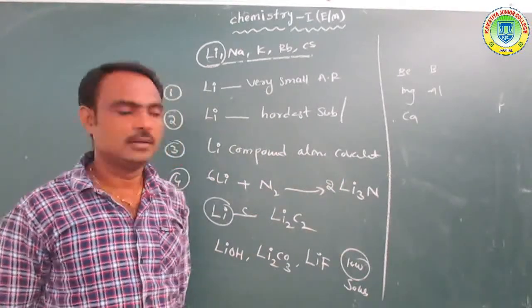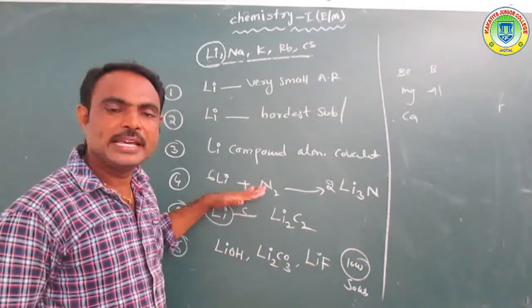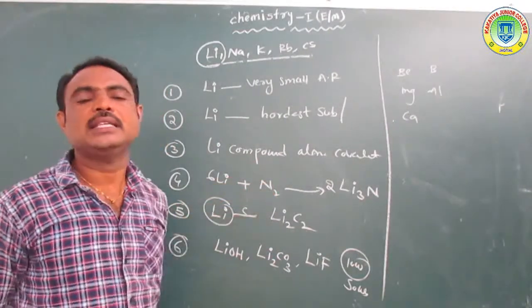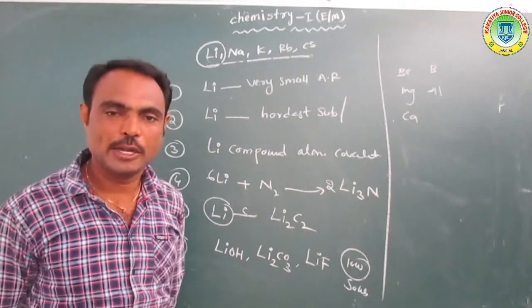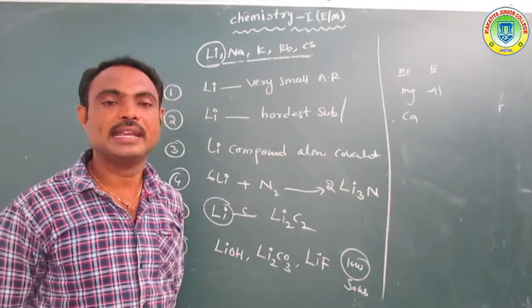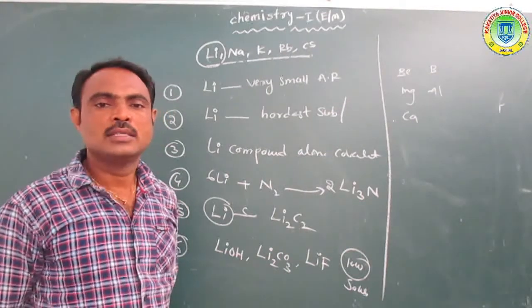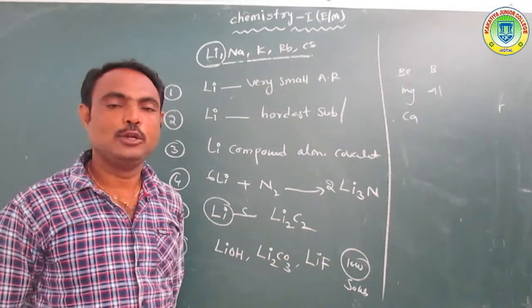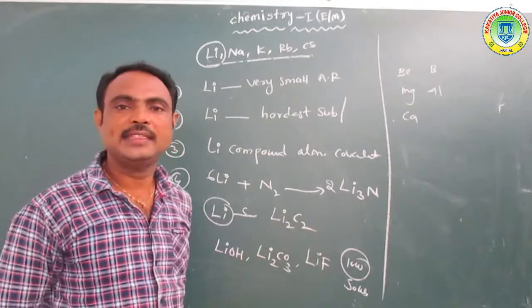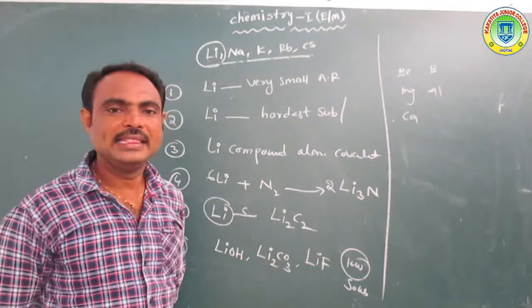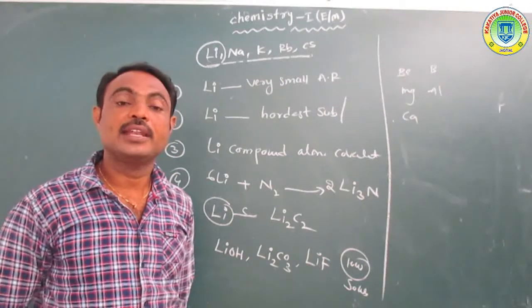Next, lithium compounds are almost totally covalent. Only lithium directly reacts with nitrogen to form its nitride: 6 Li plus N2 gives rise to 2 Li3N, lithium nitride.